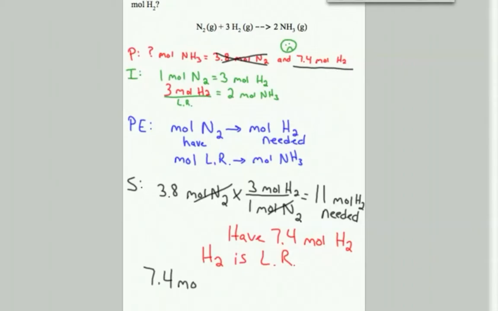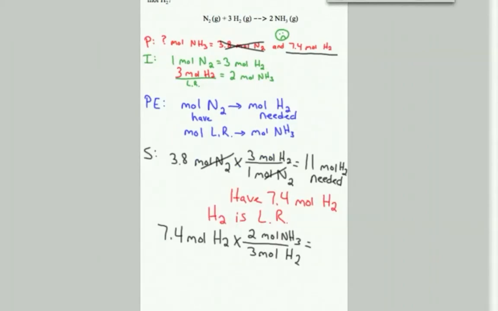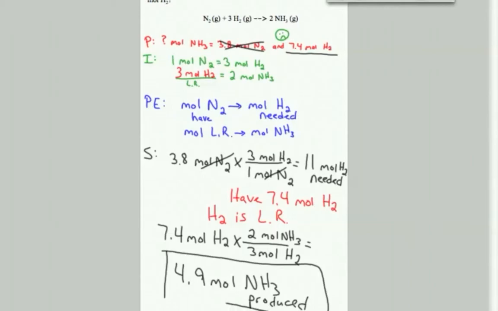7.4 moles of H2. For every 3 moles of H2 I put into the reaction, I will get 2 moles NH3 out of the reaction, and I can figure out that 4.9 moles of NH3 will be produced.